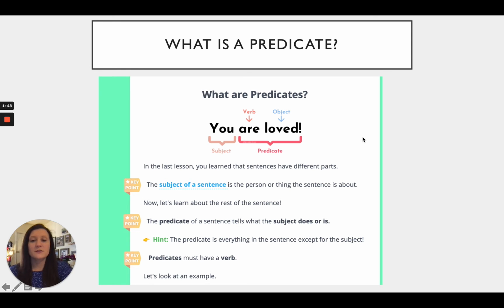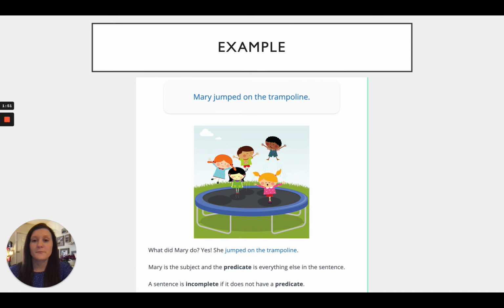All right, so let's look at an example here. So we have Mary jumped on the trampoline. So what did Mary do? She jumped on the trampoline. So Mary is the subject in the sentence, and the predicate is everything else in the sentence.